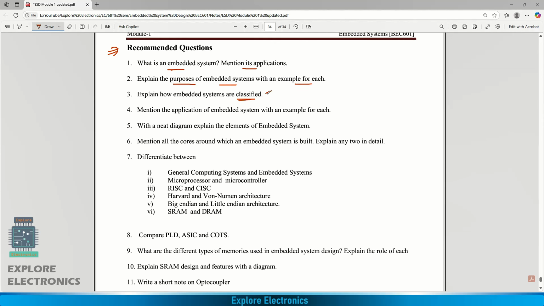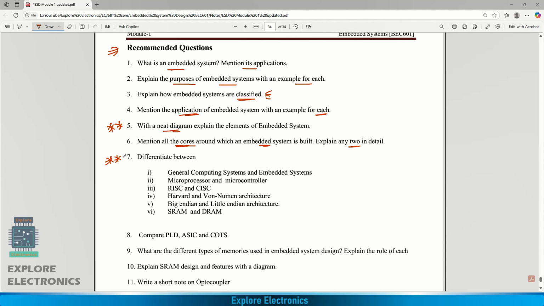How embedded systems are classified: there are different methods of classification you need to write. Applications of embedded systems with examples can be asked. And a neat diagram of an embedded system is very important. And the core of the embedded system, different processors and how controllers can be used and how they will be useful in an embedded system; at least 2 in detail they have asked.